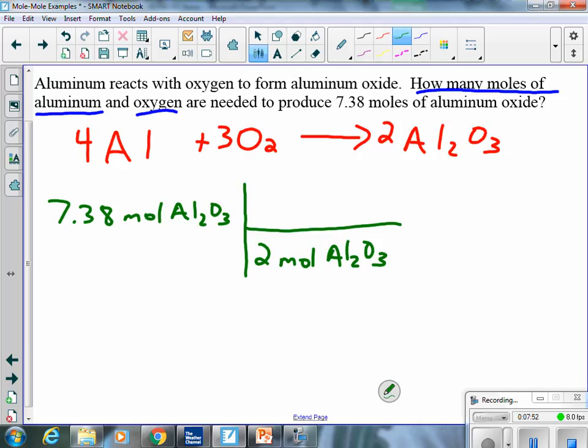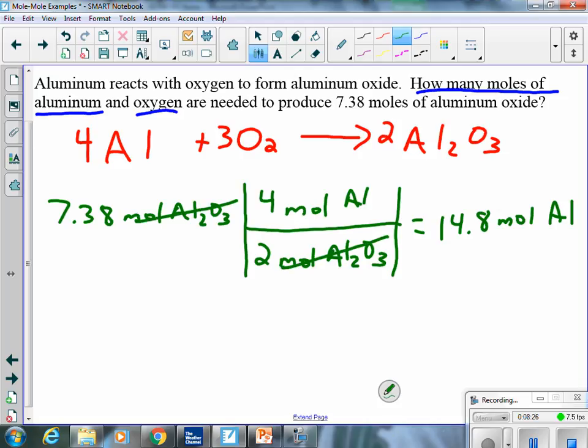So what am I going to put on the top? 4 moles of aluminum. So when I multiply that together, how many sig figs do I need? 3 sig figs. I am going to get 14.8 moles of aluminum. Because those moles cancel, I'm left with moles of aluminum. Would everybody agree?